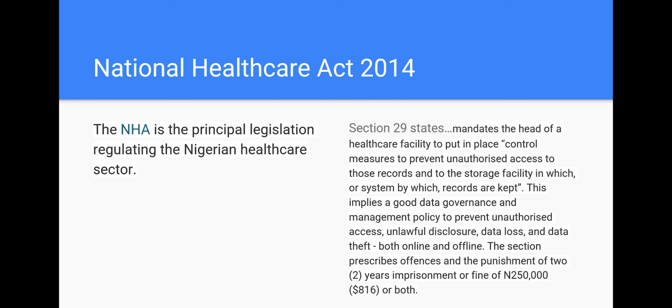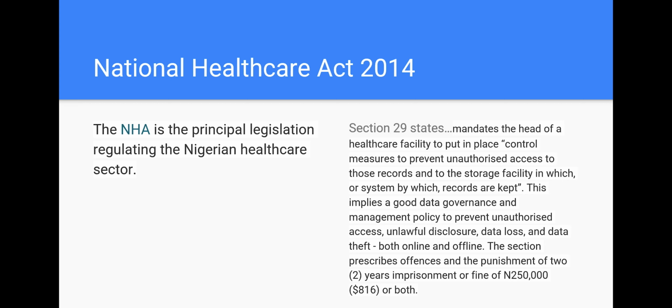In Section 29, what I want you to pay attention to is that Dr. Ben Maliki Dogo, who is the Chief Medical Officer of the hospital, has a priority to keep patients' medical records safe. It means that we don't go outside talking about patients. If it is found that we did not keep things secure, our Chief Medical Officer could be imprisoned and fined 250,000 naira per offense.